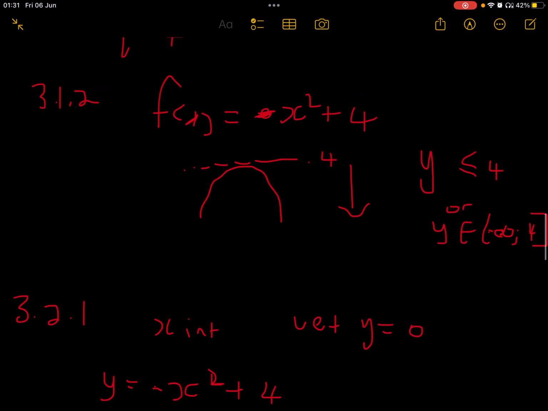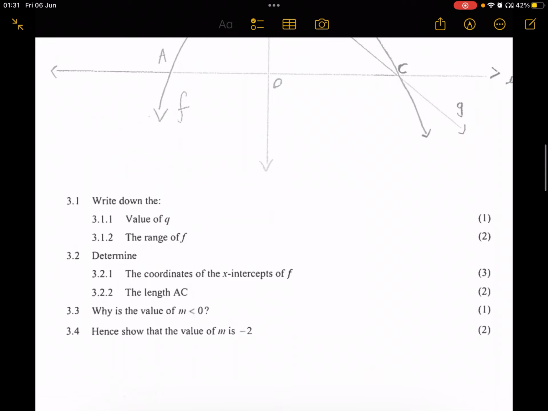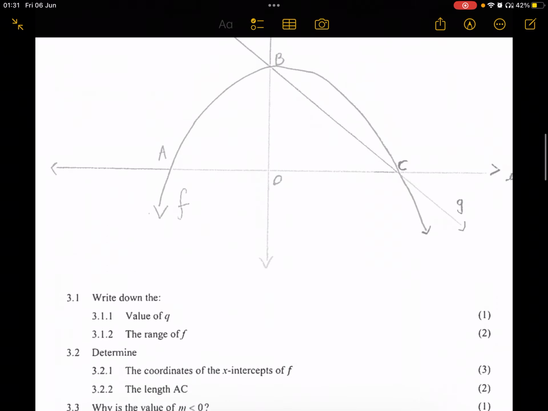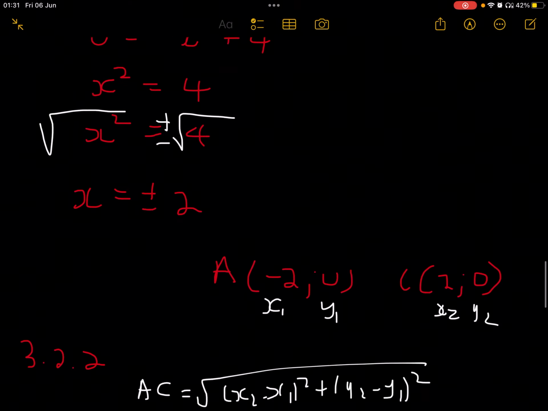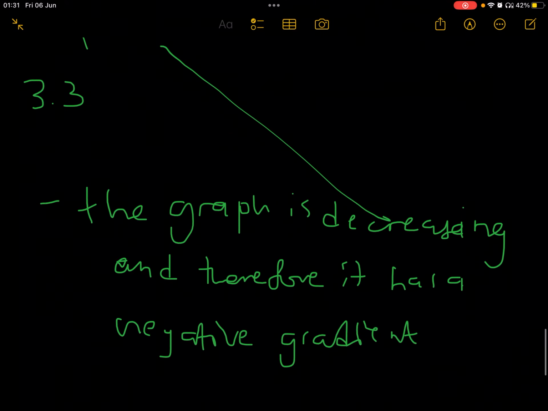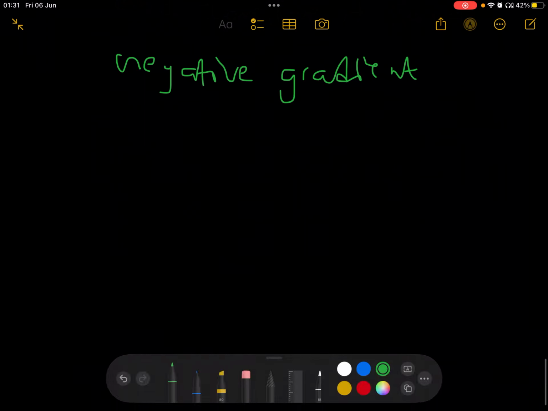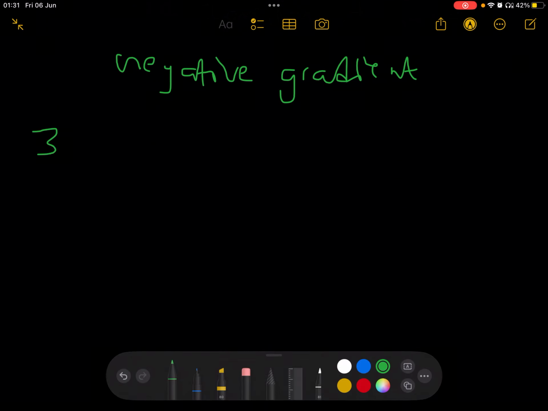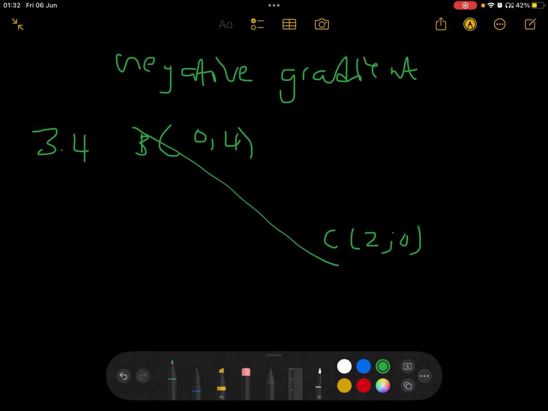Let's check 3.4. Hence show that the value of m is negative 2. When I show the value of m, you have the point B here, which is 0, 4, and you have the point C here, which is 2, 0.